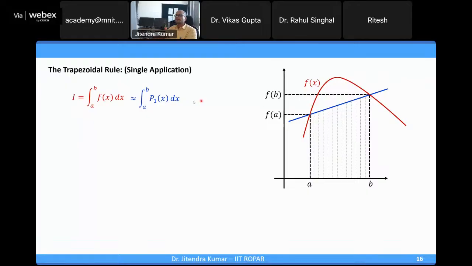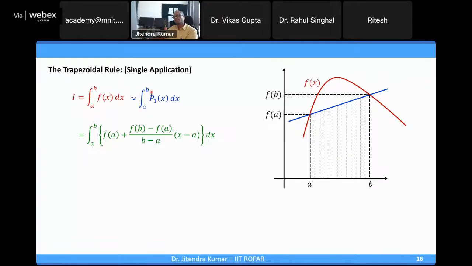And then you can see that once you approximate your f(x) by this polynomial, the actual integral, which was the area under the red curve, is approximated by this trapezoid. Well, we know what P1(x) is because we have just learned that in interpolation.